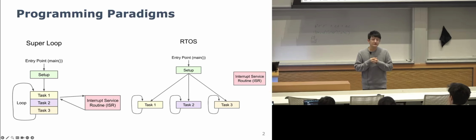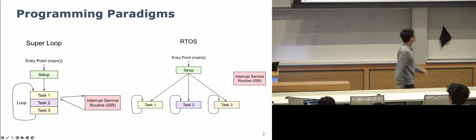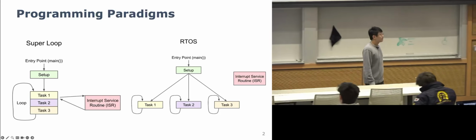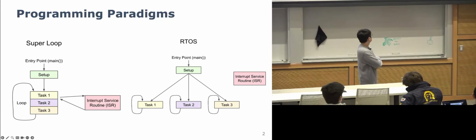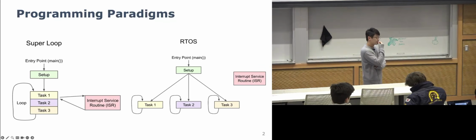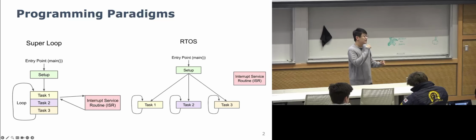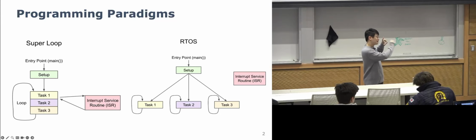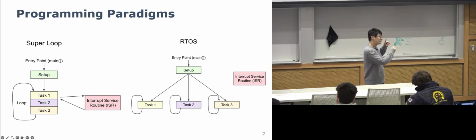Yes. On the real-time operating system side, each task, because it has its own stack pointer and its own memory, is just a thread. So they still share one stack pointer register. It's just that the value stored in it keeps changing.